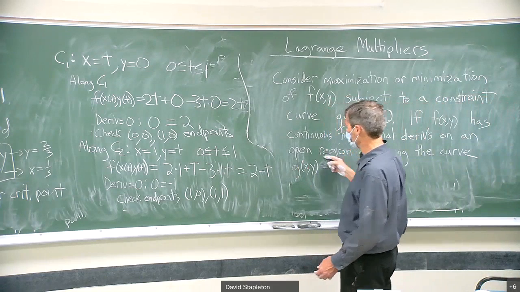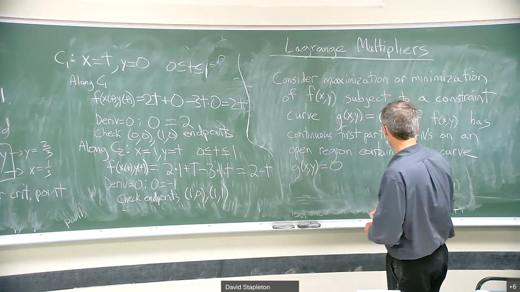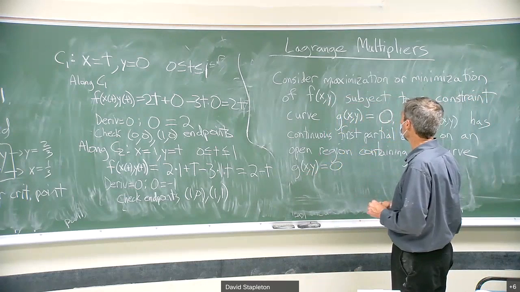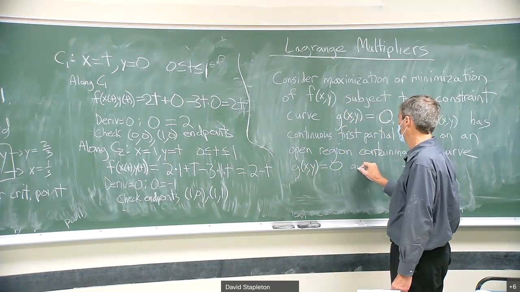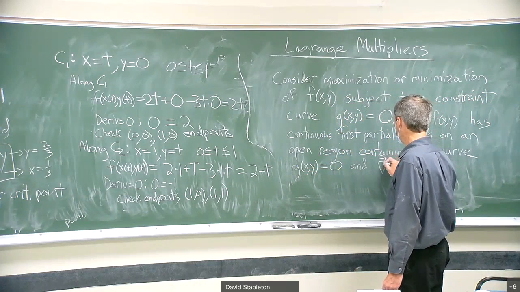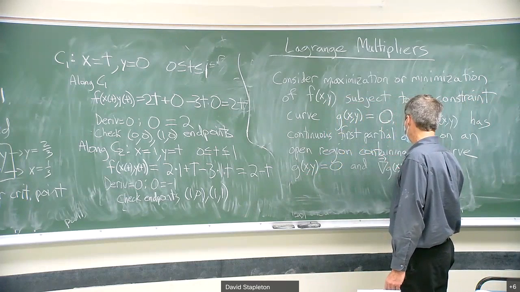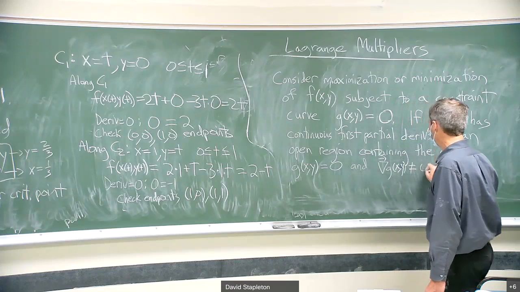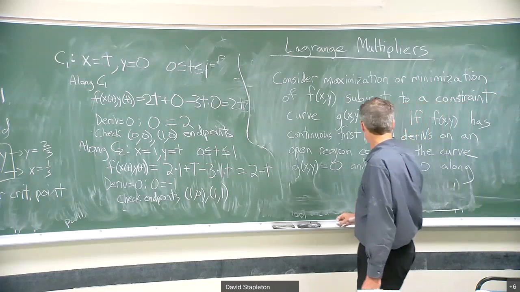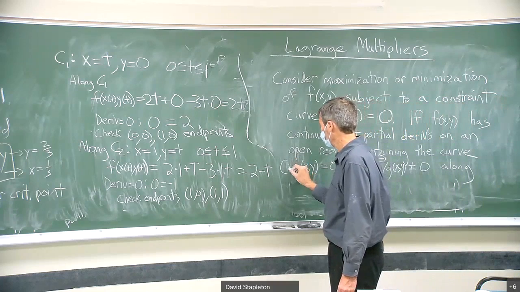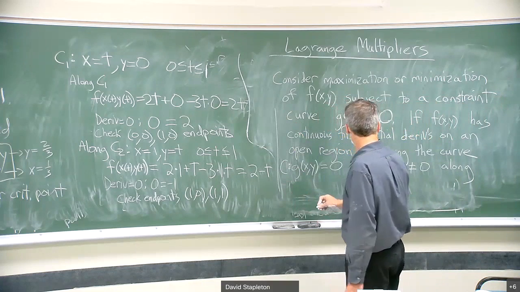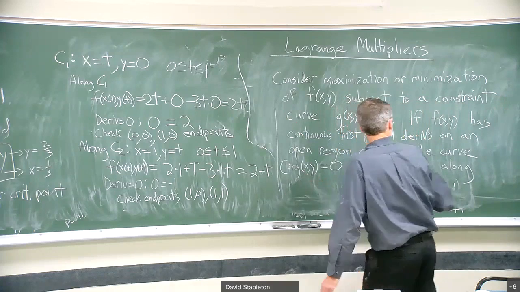This is an open region. This puts it in its interior also. And the gradient of g is not equal to 0 anywhere along the curve. Let's call this curve C. Along C.